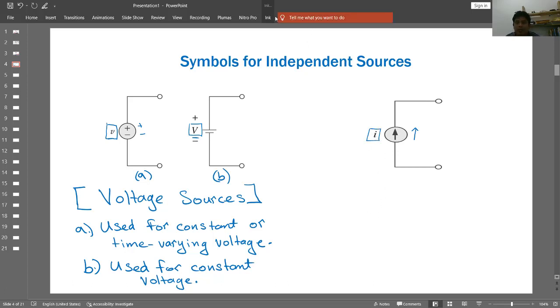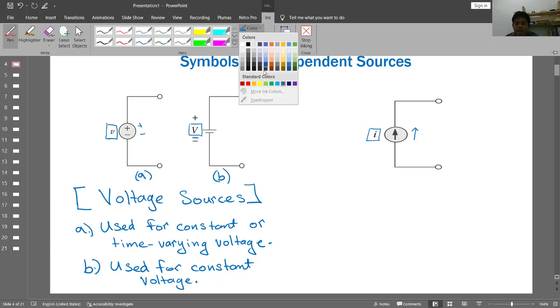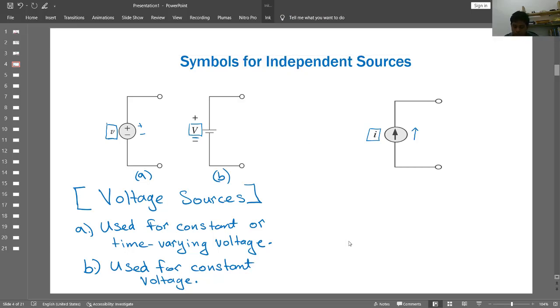That means that this one is a current source. So we have here a current source, and this current source is also an independent source.